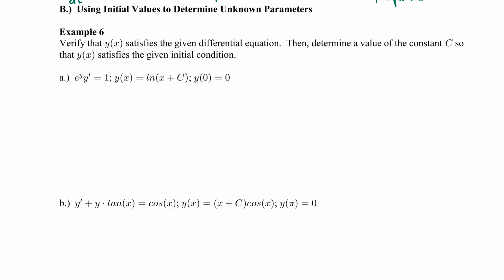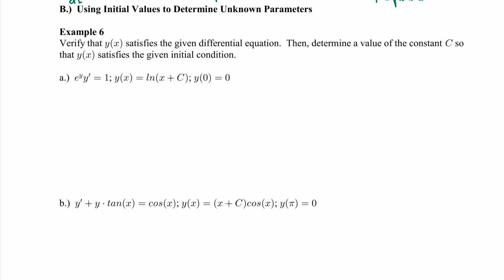So example 6, verify that y of x satisfies the given differential equation. So we're going to practice verification again. Then determine a value of the constant c so that y of x satisfies the given initial condition. So the first example here is e to the y times y prime equals 1. That's our first order nonlinear differential equation. The solution that's provided, remember we're not solving yet, is y of x equals natural log of x plus c.